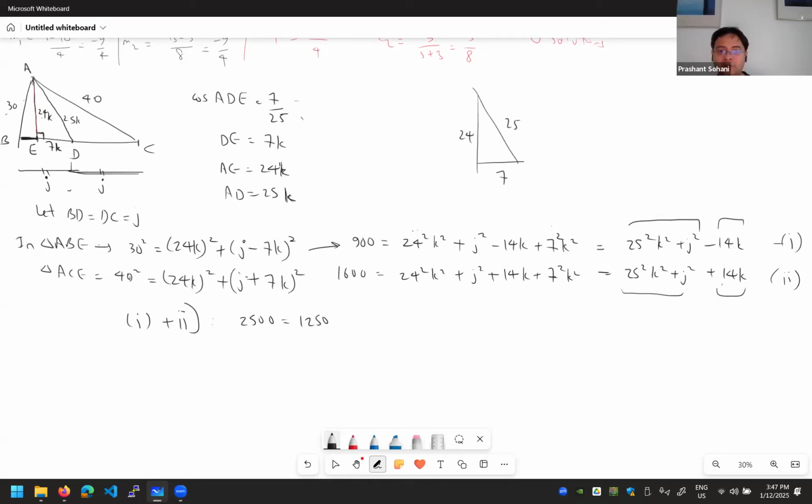So 1250k square, or in other words 1250 is equal to, and if I subtract the equations, equation 2 minus equation 1, then I'm going to get 700 is equal to 28k. Right?